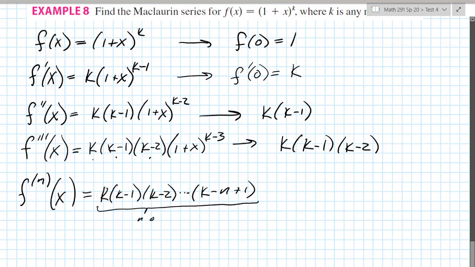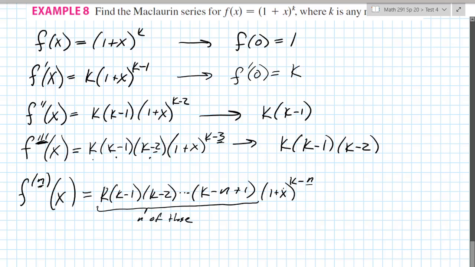N of those. And then times 1 plus x to the k minus n. So third derivative here matches the third here. Nth derivative here matches the n here.